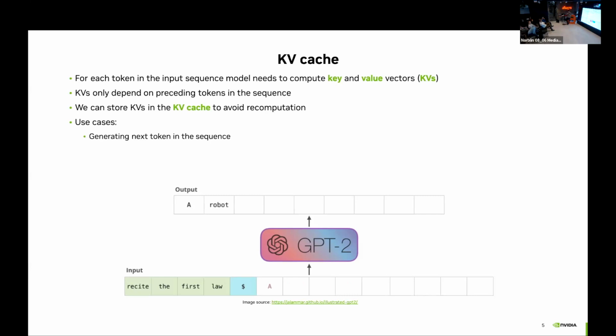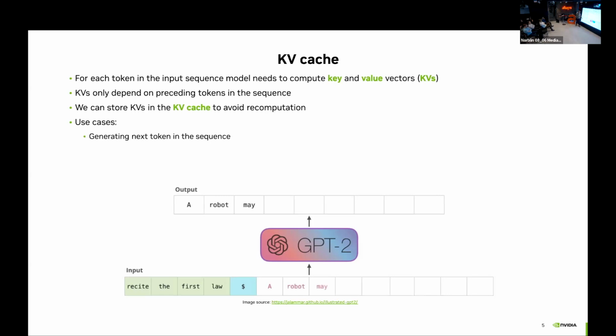But for each token in the input sequence, the model actually has to calculate key and value vectors, maybe multiple vectors if there are many attention heads. Those keys and values, which we call KVs, only depend on a given token and all the tokens that precede it.